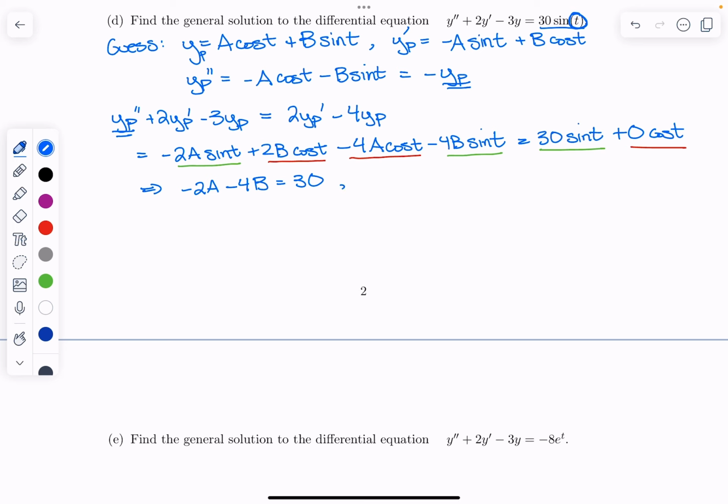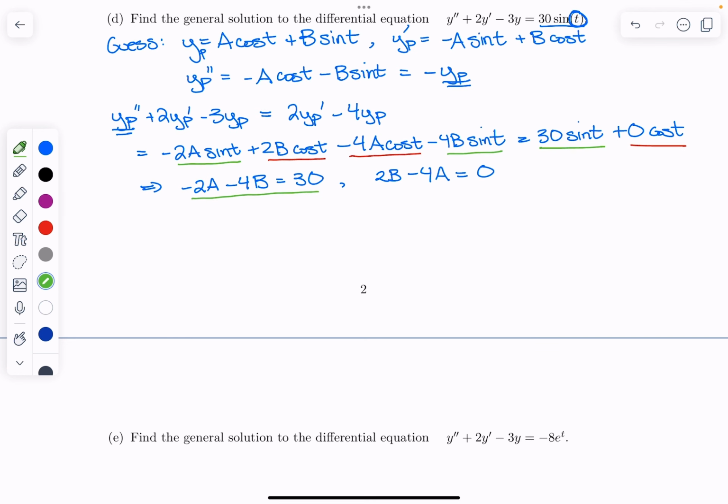So that's going to tell me that 2b minus 4a is in fact 0. Okay, so when I match the sine t's, I got this equation. And when I match the cosine t's, I got that equation.